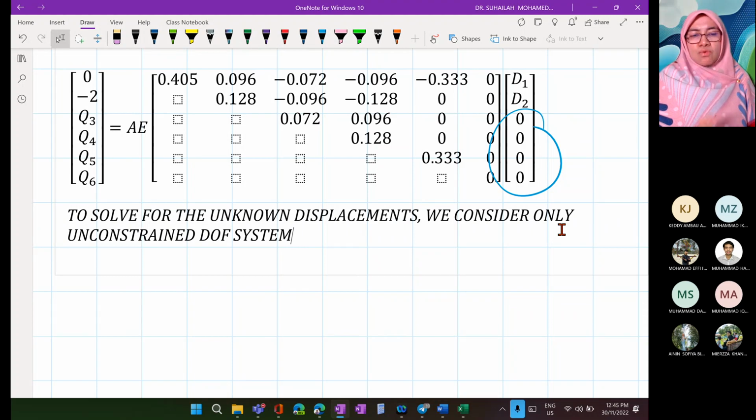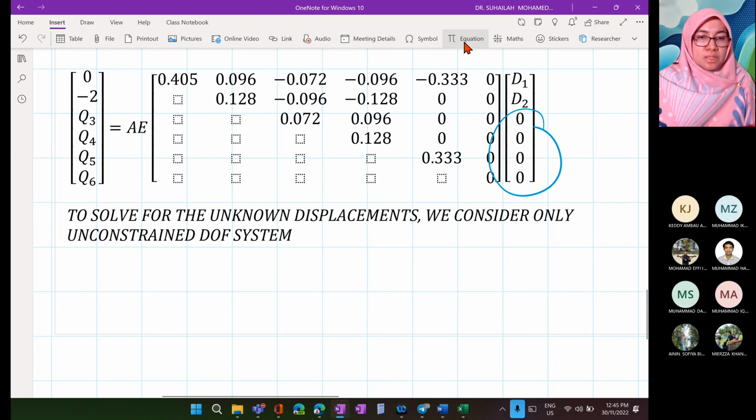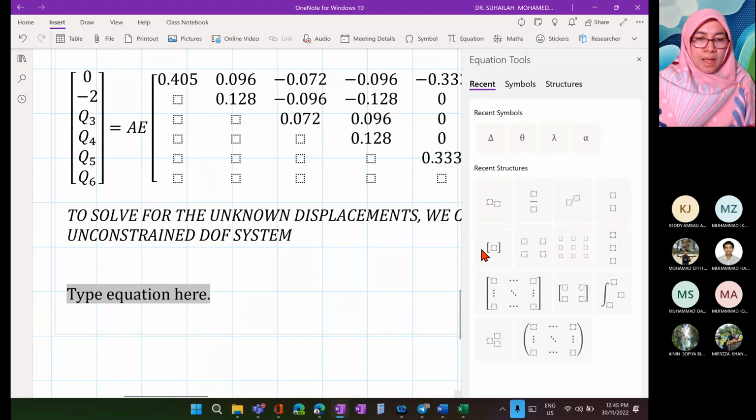And it is only true when all displacement at support equal 0. So what we get is a 2 by 2 matrix only.